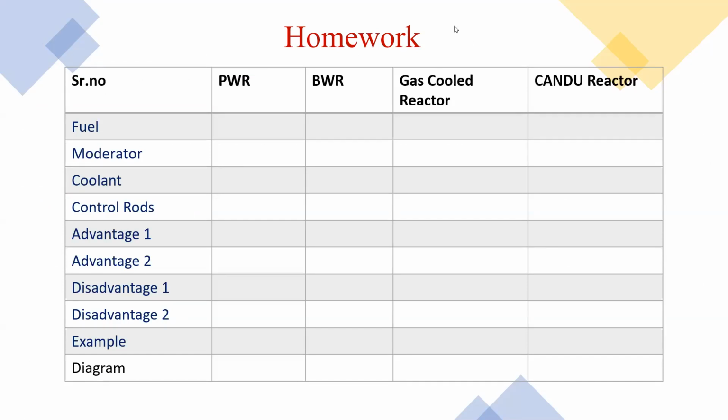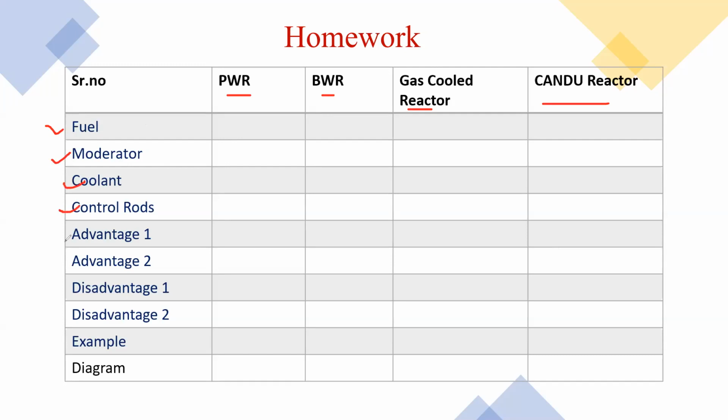First thing is, I prepare a chart with the pressurized water reactor, boiling water reactor, gas cooled reactor, and this Canadian reactor. The chart is based on the fuel, moderator, coolant, and control rods.